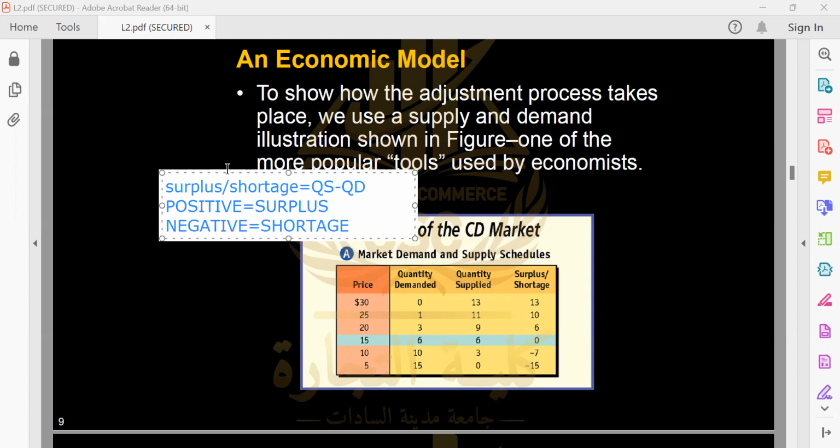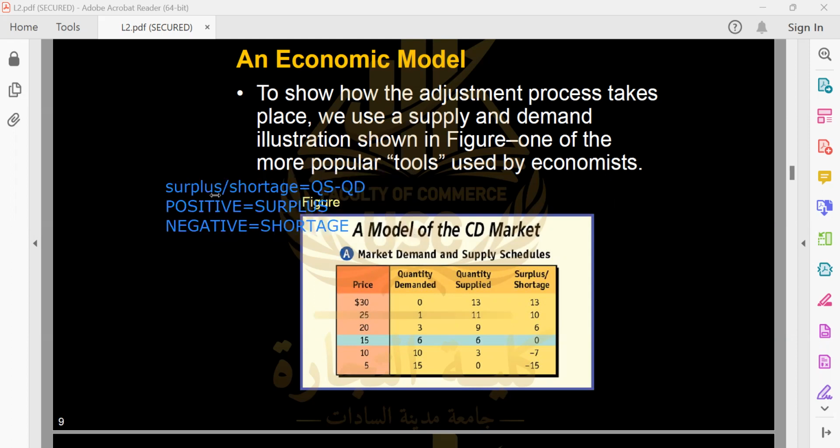So we have a surplus and we have a shortage. Surplus is when this amount is positive, when quantity supplied is larger than quantity demanded. Negative is when quantity demanded is larger than quantity supplied, and it's shown on this figure.